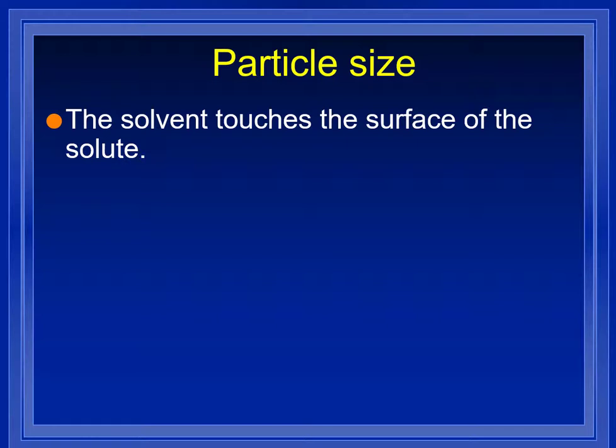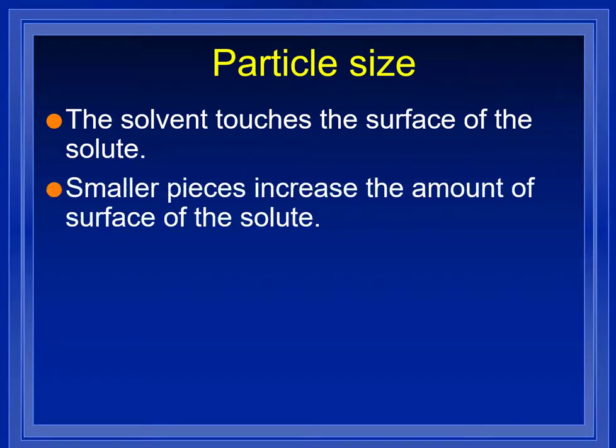Unless I take that piece and cut it in half, and then the middle can dissolve right away. If I take a big piece and make it smaller, I've increased the surface area. So for the same weight, smaller particles have a bigger surface.